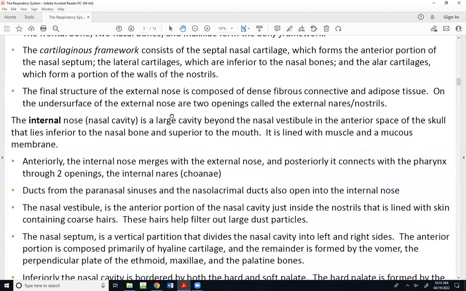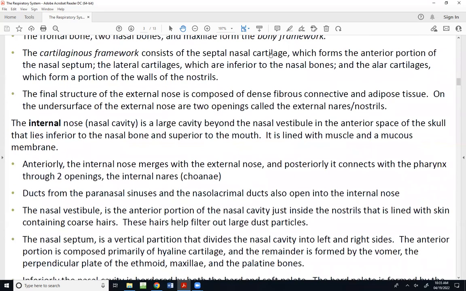The cartilaginous framework consists of the septal nasal cartilage, which forms the anterior portion of our nasal septum. Remember, the nasal septum we've talked about before is the divider that creates the two different sides of your nose. There are two lateral cartilages, which are inferior to the nasal bones. Then you have alar cartilages that form a portion of the walls of our nostrils.